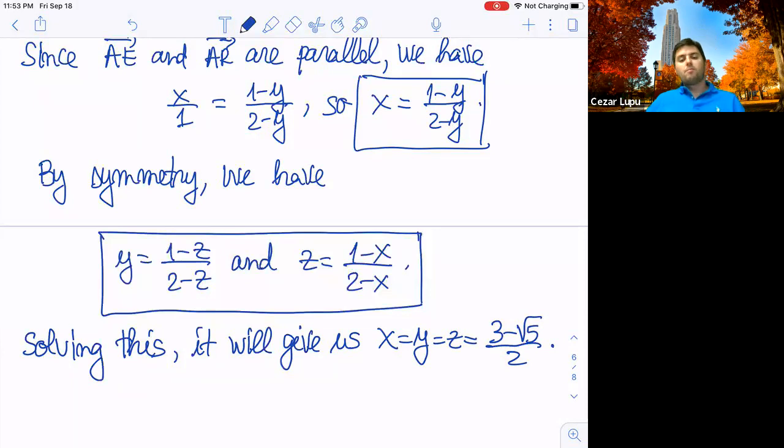So this is how we compute the AR. We'll get some information by doing this. But now what we want to do is to compute these vectors, because keep in mind, I'm interested in these vectors in this triangle STR.